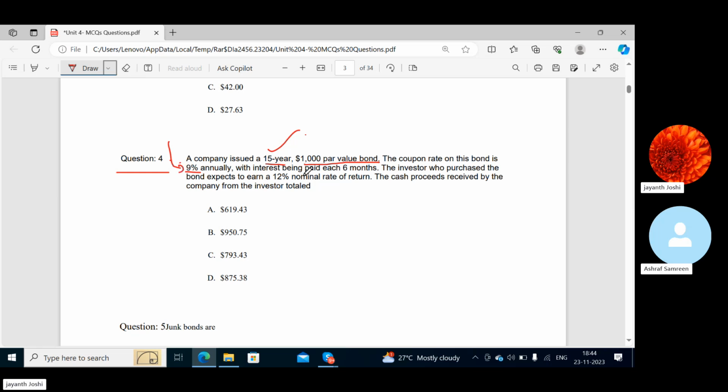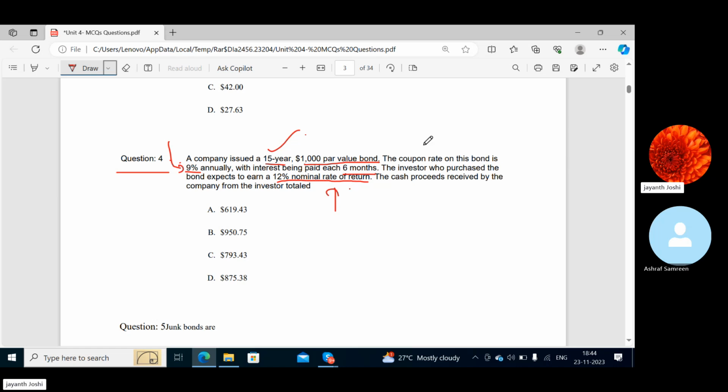And the coupon is paid every 6 months. Investor who purchased the bond expects to earn a 12% nominal rate of return. So whoever is the investor who has purchased the bond, they are expecting to earn 12% nominal rate of return. That is the market rate. So similar kind of bonds are giving 12%.